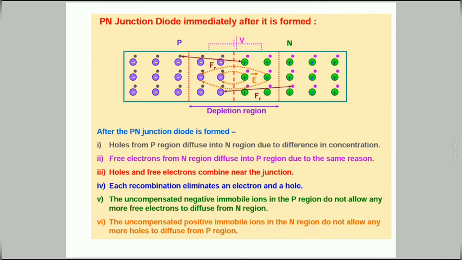Due to the diffusion of holes from P side to N side and electrons from N side to P side at the junction, a current arises from P side to N side, which is called diffusion current.